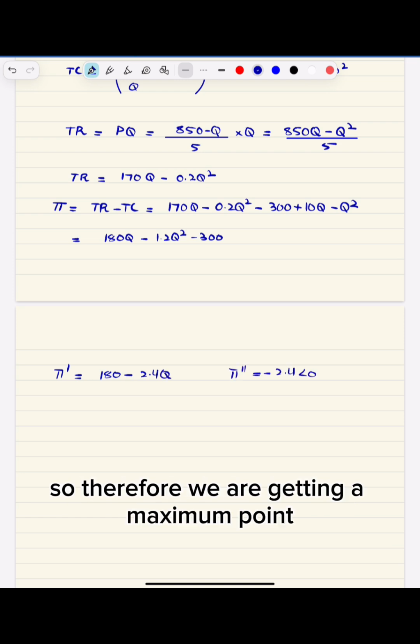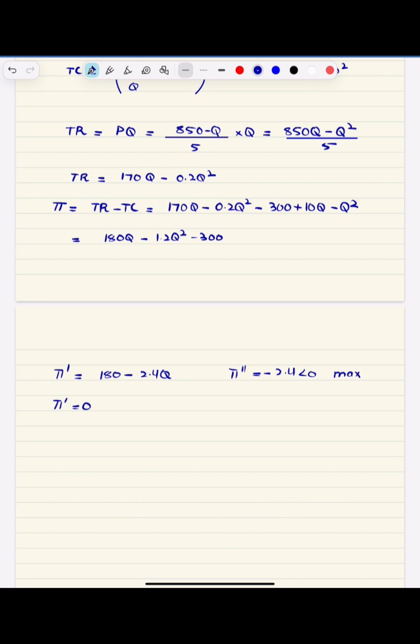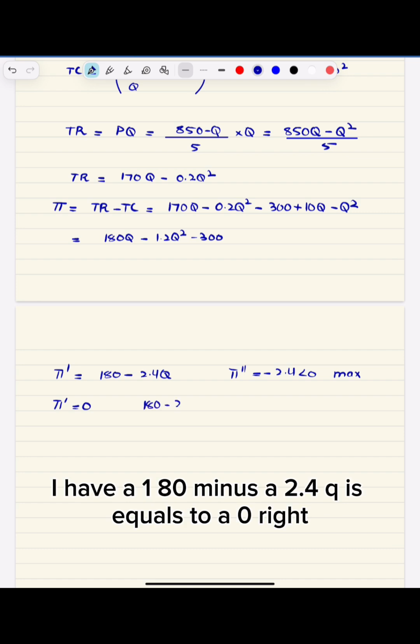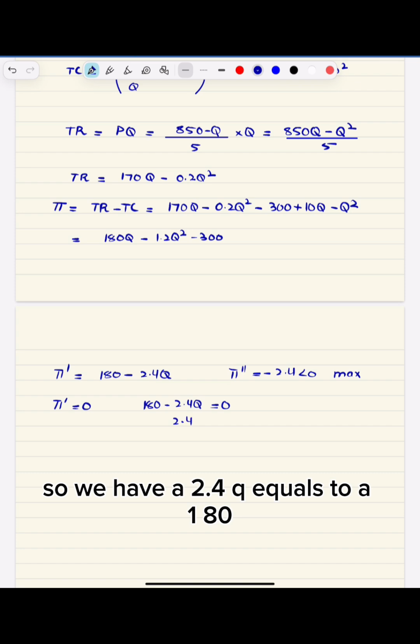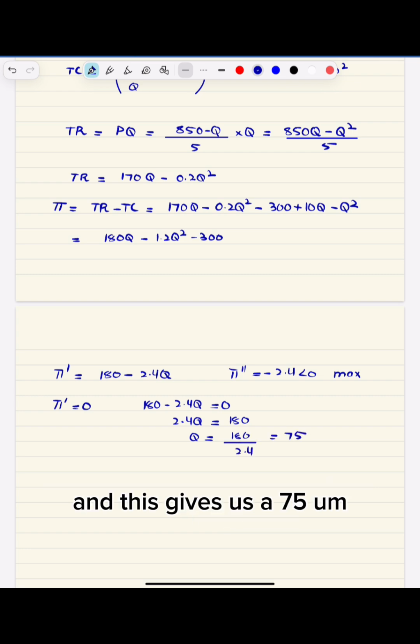It is negative, so therefore we are getting a maximum point. So 180 minus 2.4q is equal to 0, right? So we have 2.4q equals 180, and therefore q is equal to 180 divided by 2.4, and this gives us 75.